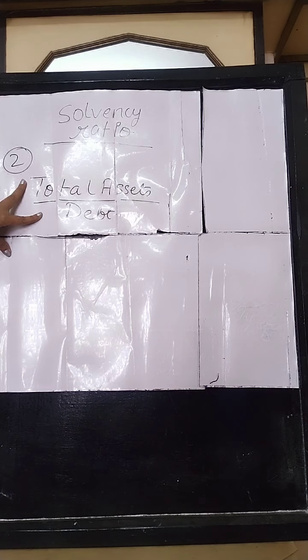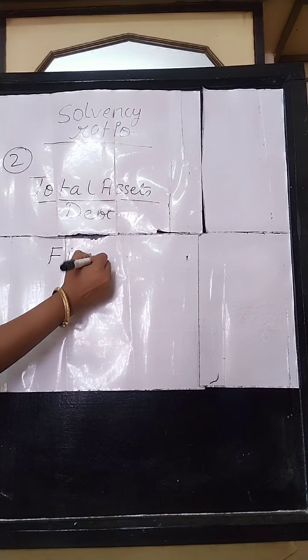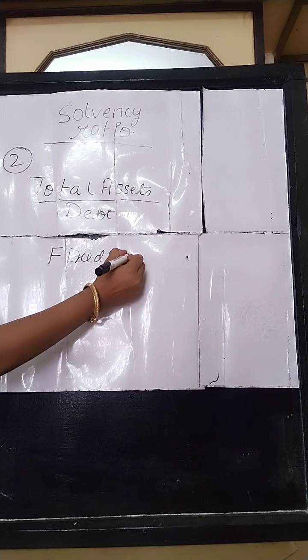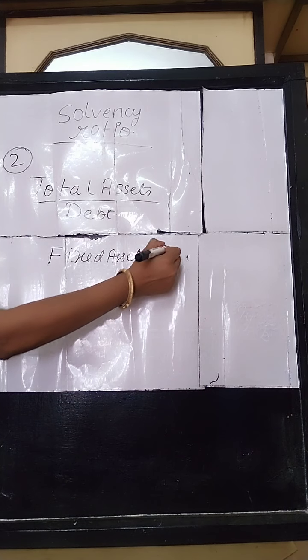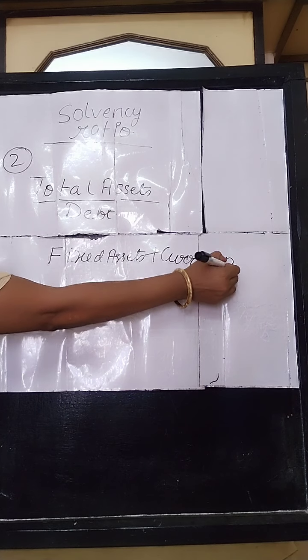As the name suggests, in the numerator we have total assets and in the denominator we have debt. Total assets indicates the total assets the firm has, that is fixed assets and current assets.